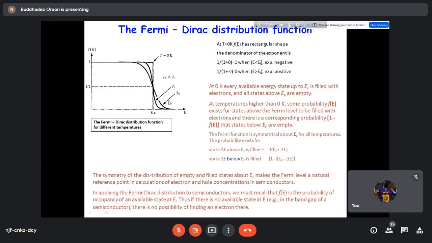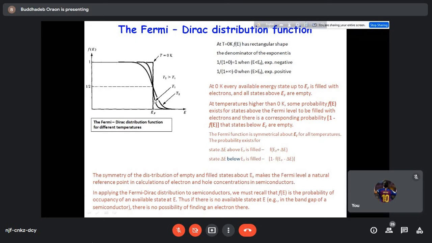The energy level of those electrons will be higher than the Fermi energy level, and those electrons will be called free electrons, and they will be the charge carriers. So as you increase the temperature, the number of electrons promoted beyond the Fermi energy level will increase, and thus the conductivity will also increase.